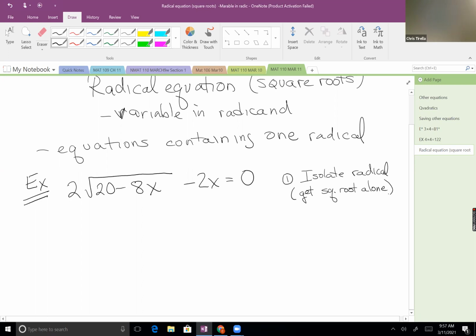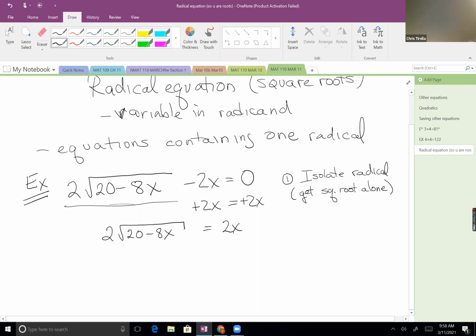So to get the radical alone, first I'll try to get the entire term alone, which means I want to move that minus 2x, so I'll add 2x to both sides. That gives me 2 times the square root of 20 minus 8x is equal to 2x.